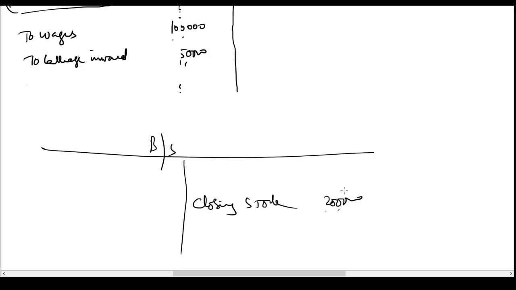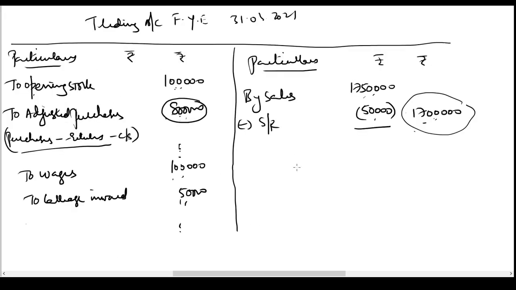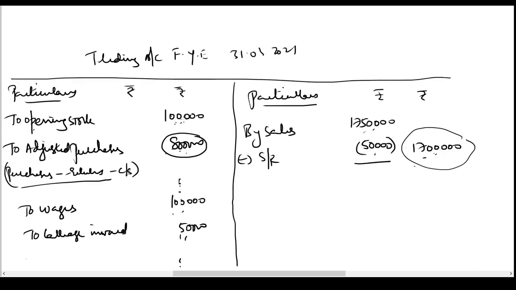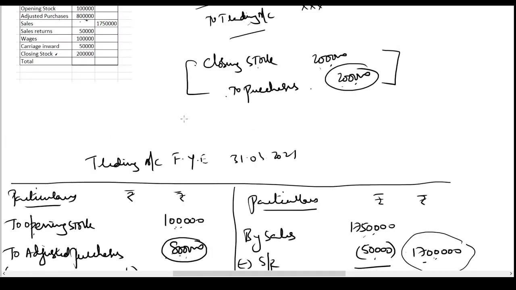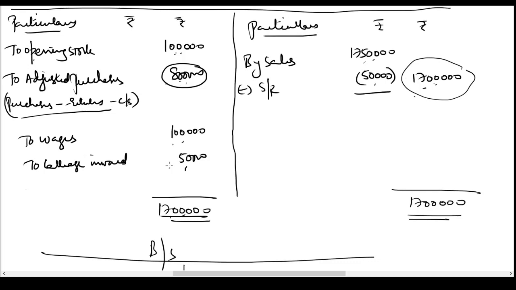Why is it not subtracted from the purchases? Because it has already been subtracted. And why am I not crediting the trading account? Because it is already subtracted from purchases. That is why I'm not crediting the trading account. So now I can calculate the gross profit. 17 lakhs is the total. 17 lakh minus 10 lakh 50,000, that is 8 lakh plus 1 lakh, 9 lakh, plus 1 lakh, 10 lakh, 10 lakh 50,000.